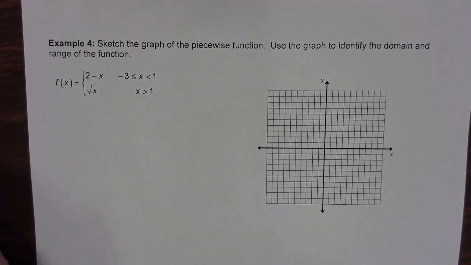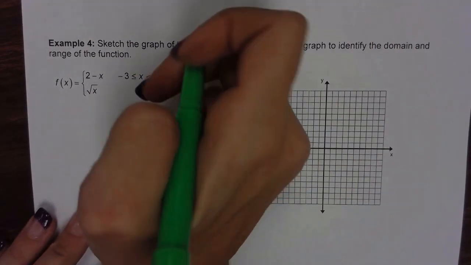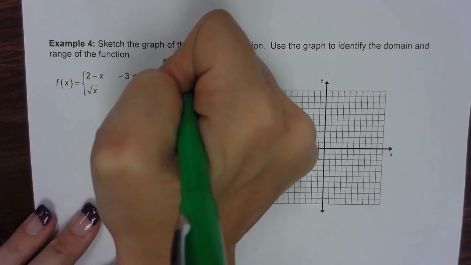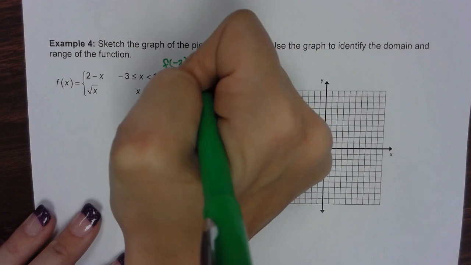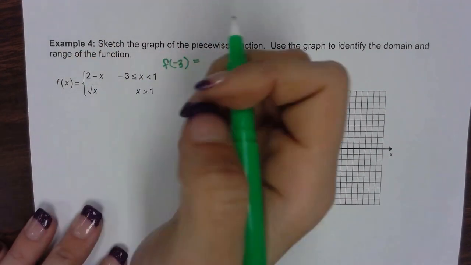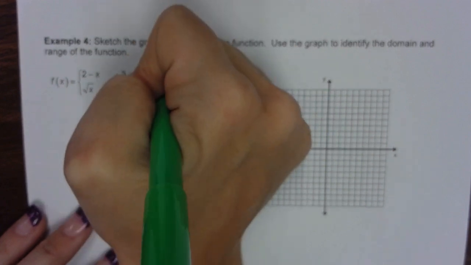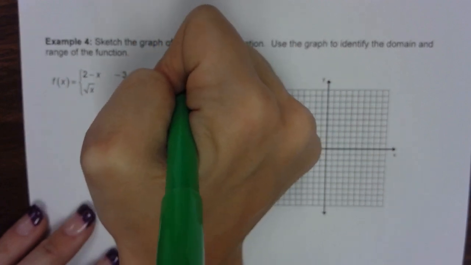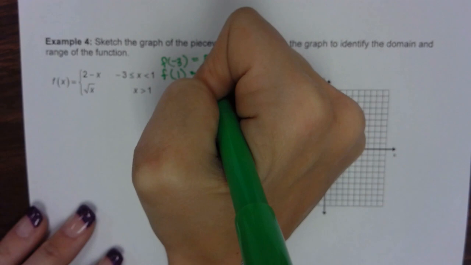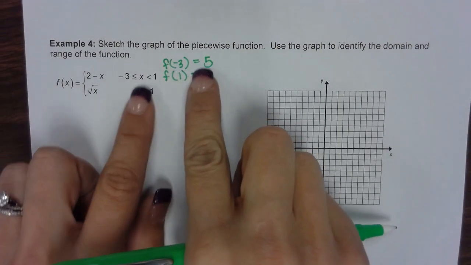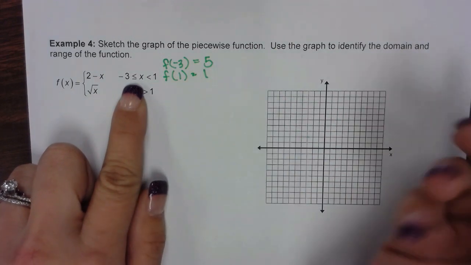All right, one more, and then you guys can practice. So we're going to do f of -3. Well, 2 minus -3 is 5. F of 1 is 1. So -3, 5 is filled in.